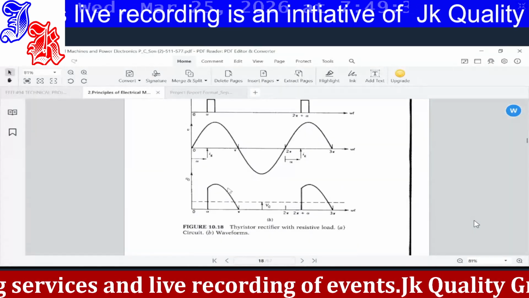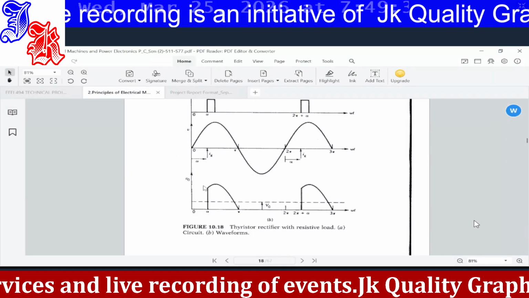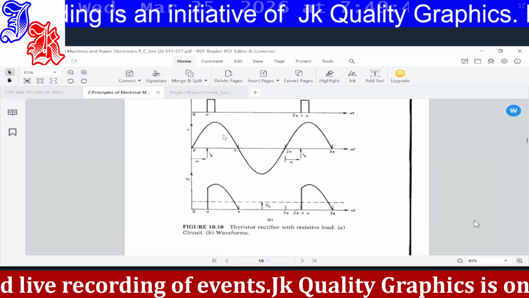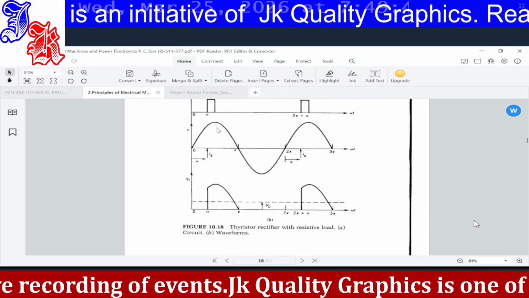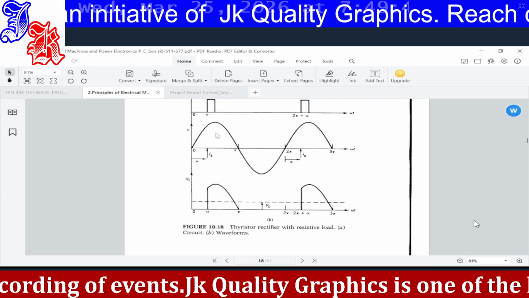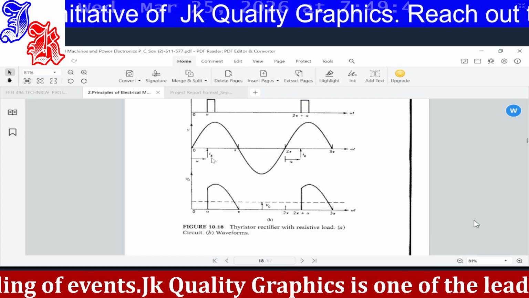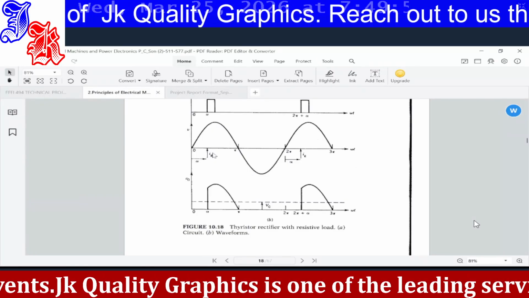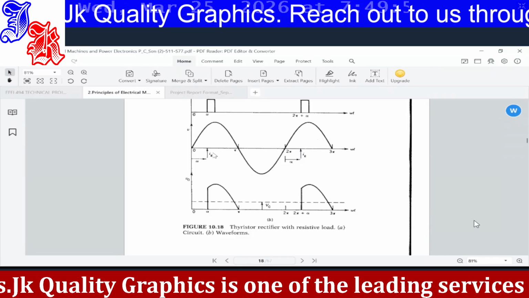But for thyristors, we can decide at what point we are igniting. Do we need the whole positive part of that wave, or can we ignite it at a certain angle, or at what point can we apply the current at the gate? That is the difference between the thyristor and the diode.